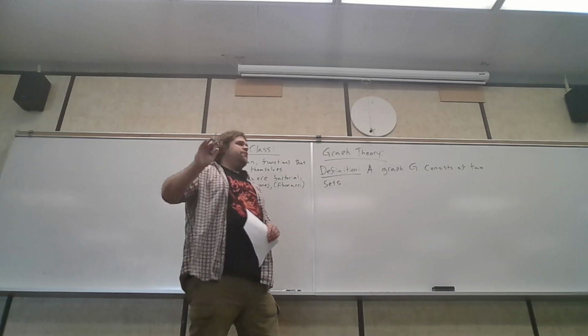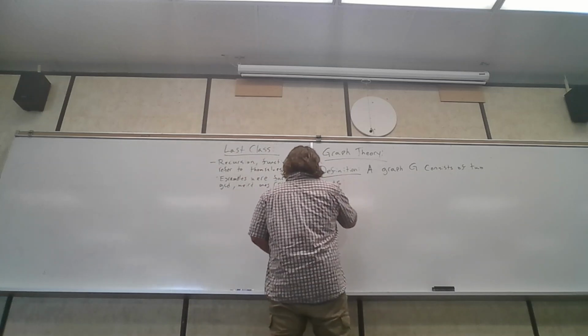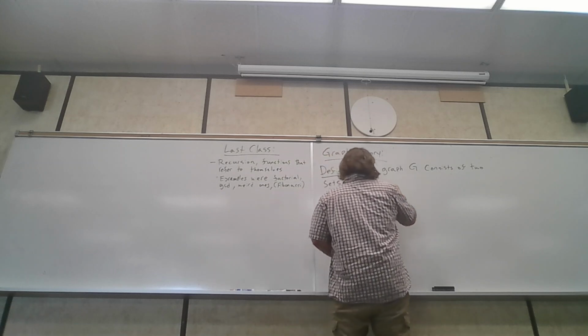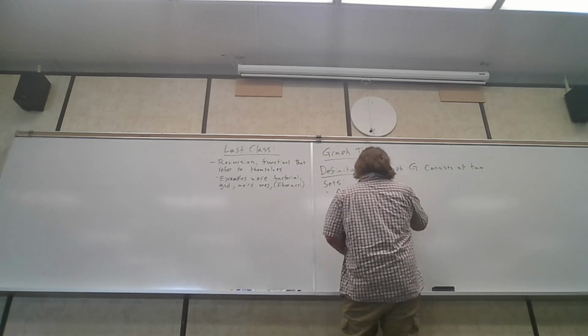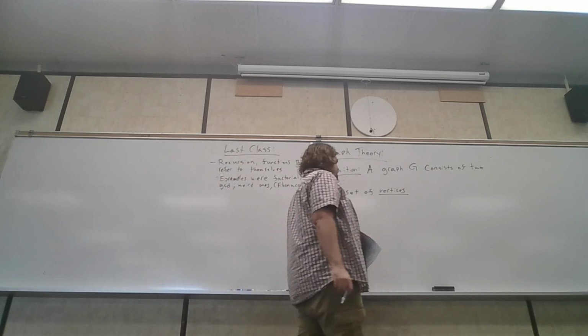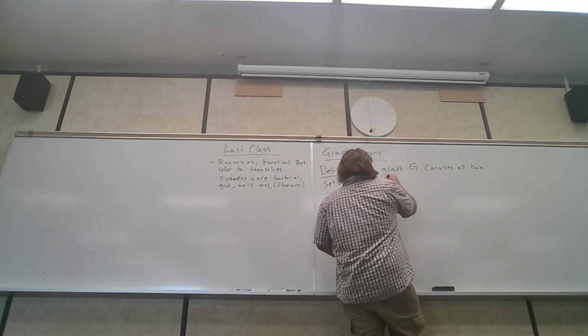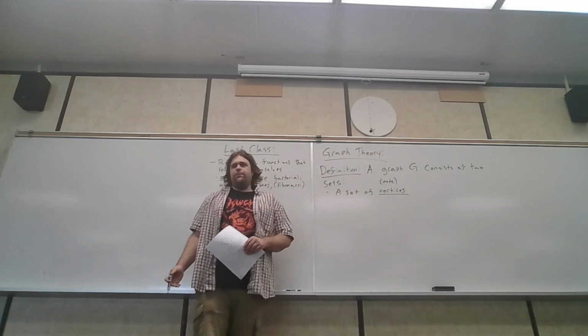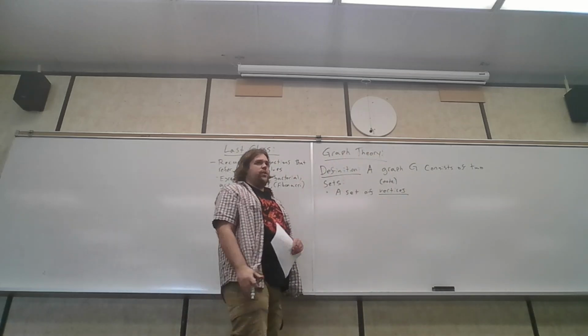One called the set of vertices. That's a word we're going to be using a lot, vertices. I might accidentally say node, because when we're talking about computing, we would say node instead of vertex when we're talking about trees.